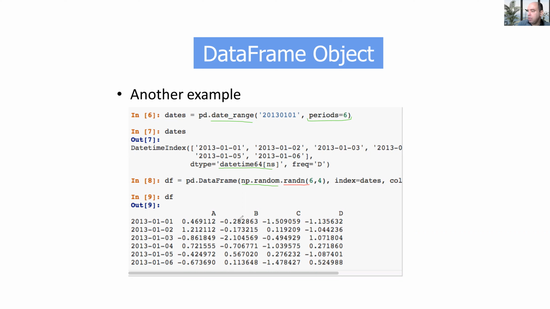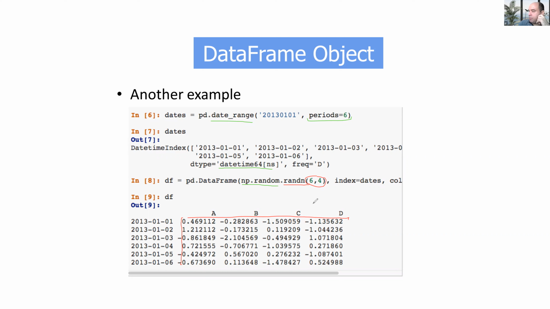And sorry, this is not the standard deviation and mean. This is the size of the matrix. A matrix of 6 by 4. Okay, of random floating point numbers, with the mean being 0 and standard deviation being 1, I think.